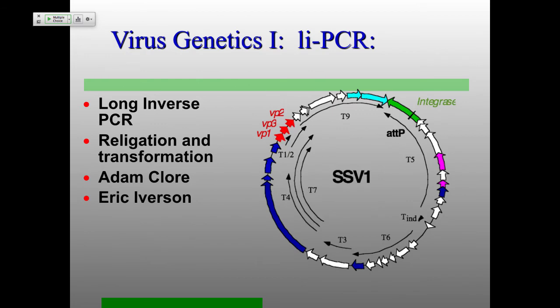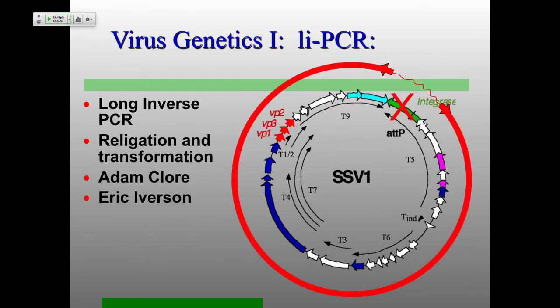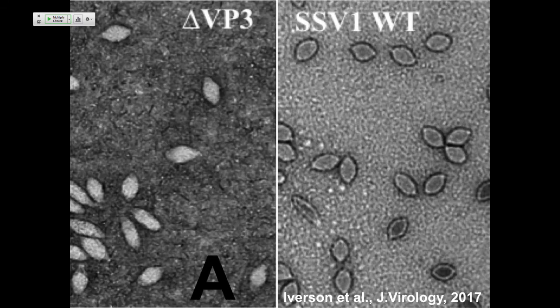So what's going on with this? Sorry to click through here. It turns out that if you delete the VP3 protein, you get strange-looking virions. They're much more elongated, more sausage-like than nice lemon-like particles. So probably the VP3 protein is important for making sure that you get the right shape.